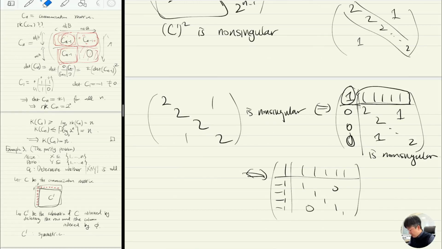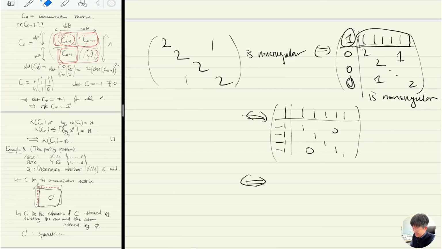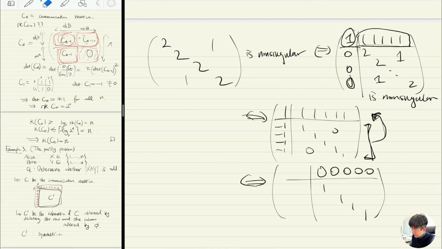Now subtract all these rows from the top row, then all the entries here become 0, and this will become 1 plus some big number, which is the number of rows minus 1. Anyway, this is non-singular.